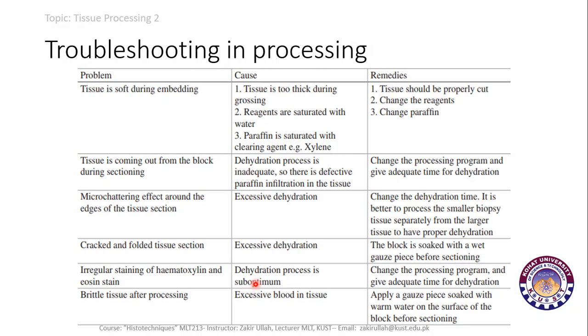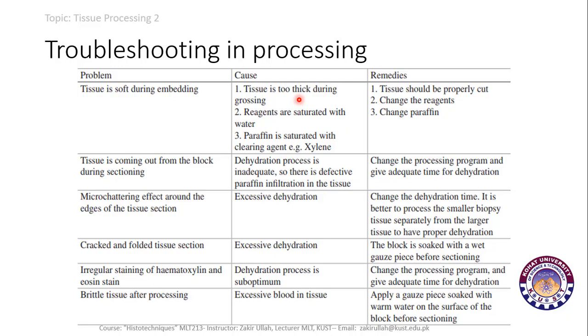The troubleshooting in tissue processing covers the different problems that come during the processing of the tissue. The first problem is that the tissue becomes soft during embedding. The cause of this issue is that the tissue is too thick and it is not sliced during grossing.